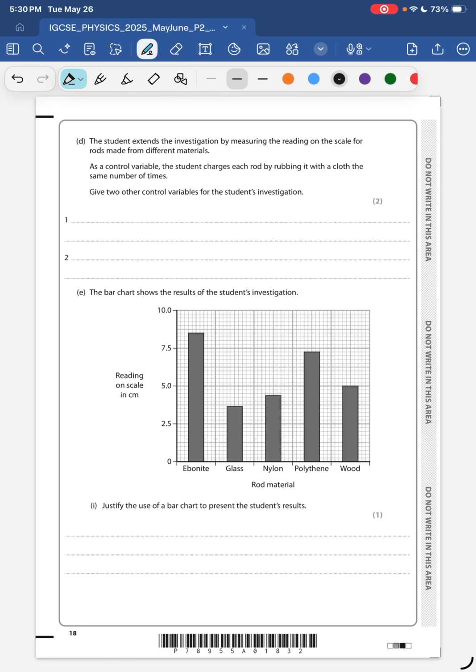Okay, so we can put the distance between the ball and the rod. So you have to keep the distance the same, right? So that you can examine the effect of changing materials, right? And then the charge, so the initial charge on the ball must be the same.